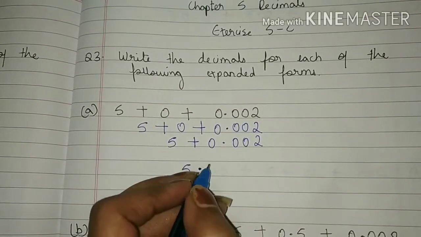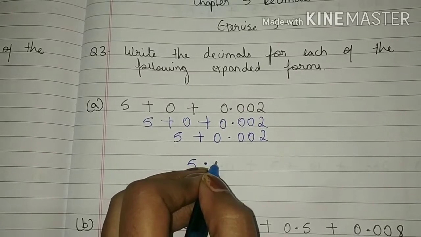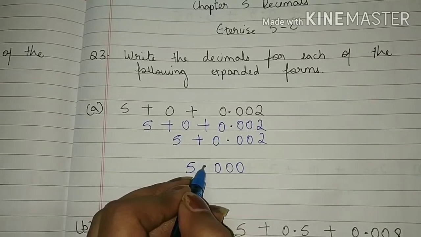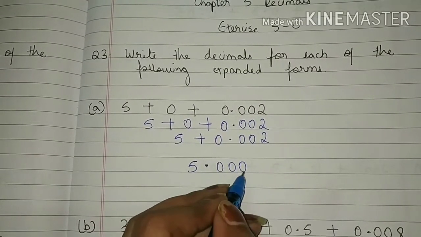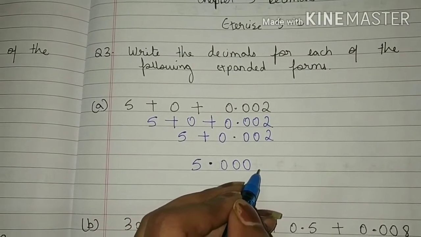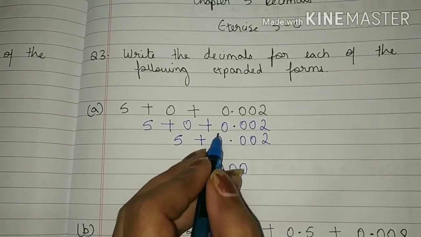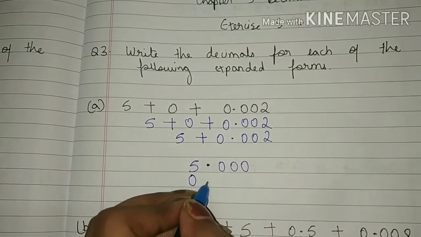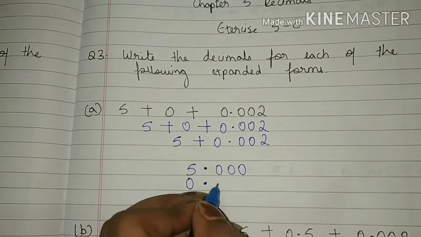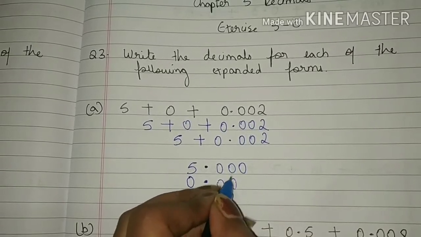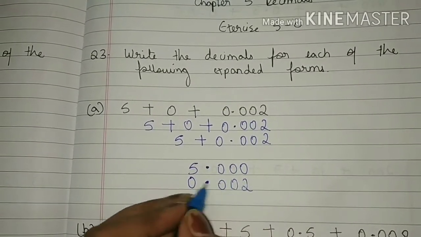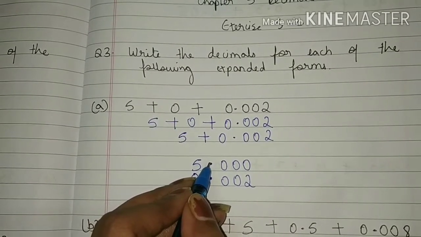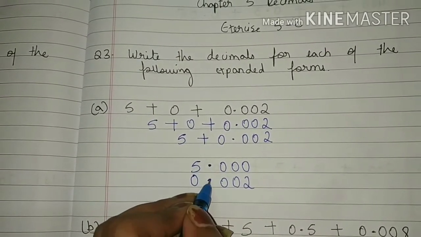So we will write 3 times 0 here, just to make our calculation easy. Now students, we will copy down this number here, 0.002. Always remember that you will put a decimal point one below the other.